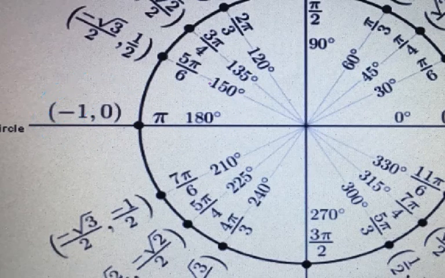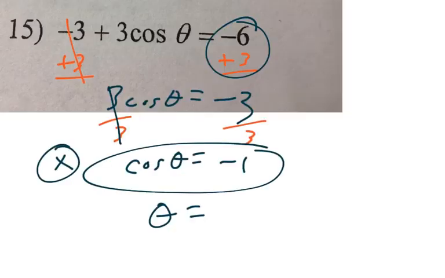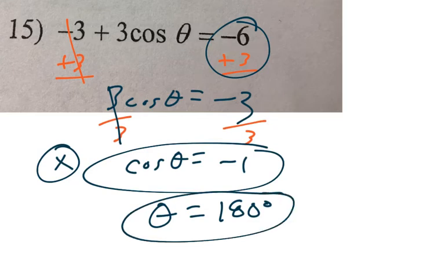Everyone agree? Negative 1 for x only happens right there. So theta only has one answer, 180 degrees. Most problems will have two answers, right? There'll be two answers because they're in two different quadrants. All right, pause the video if you need to. All right, let's do one more.